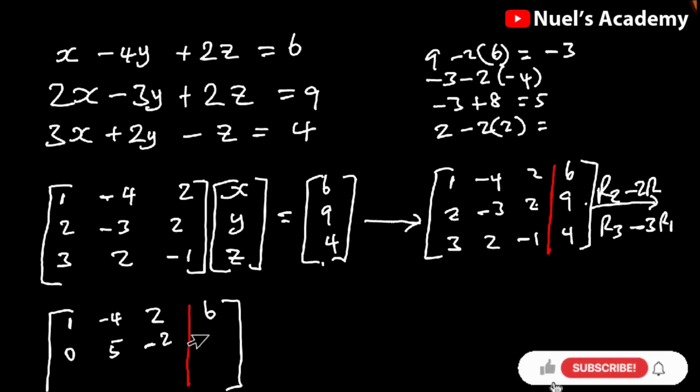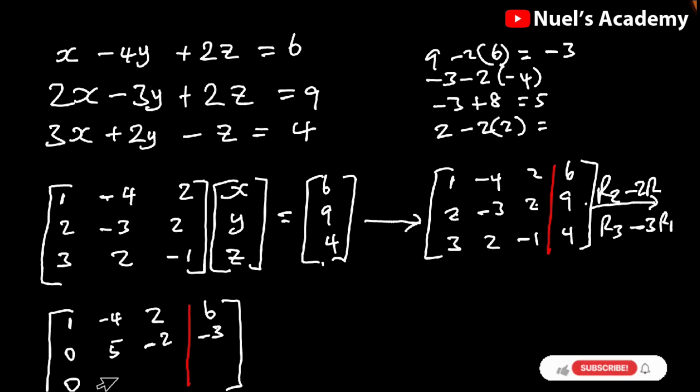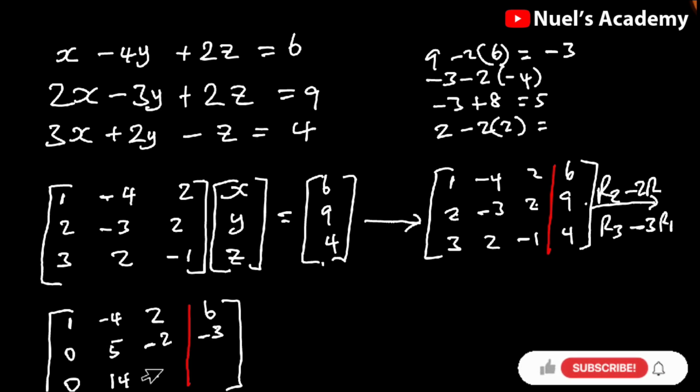So we're going to have -3 here. In the same way, we are going to perform row 3 minus 3 row 1. When you do that on all these elements, we are going to get 0, 14, -7, and -14. I'm just doing this for the sake of time. If you compute this, you're going to get all these elements here.